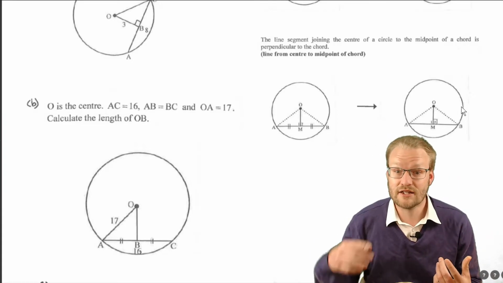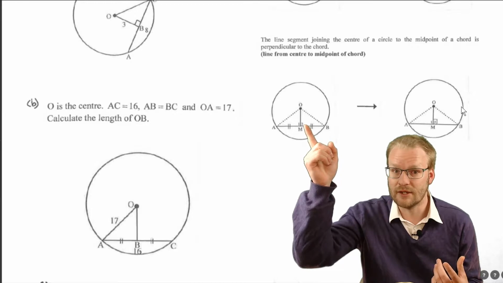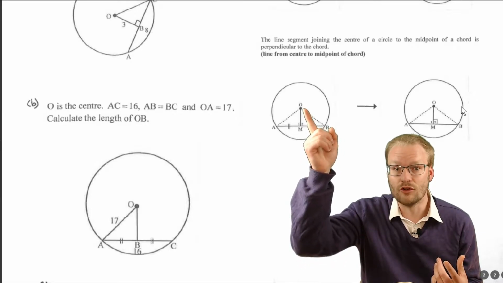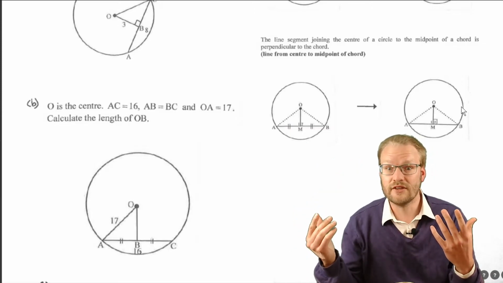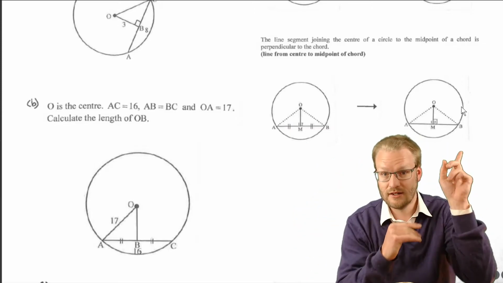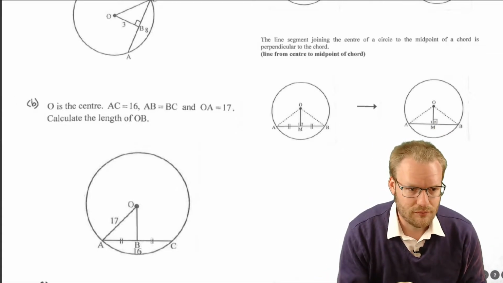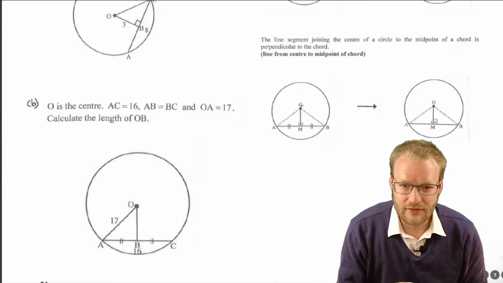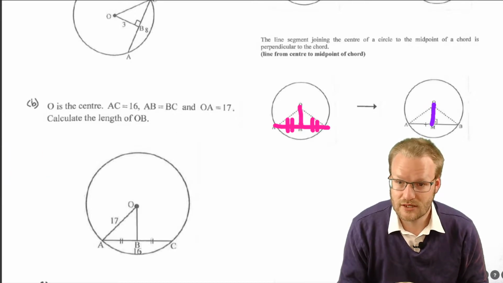So our reason is what we're given: a line coming from the center to the midpoint of this chord AB, and if we're given that, then it must be at 90 degrees as shown here.